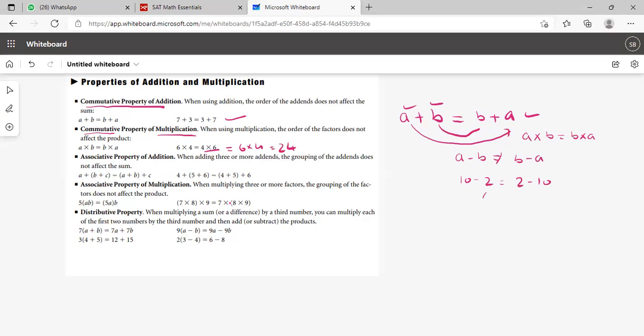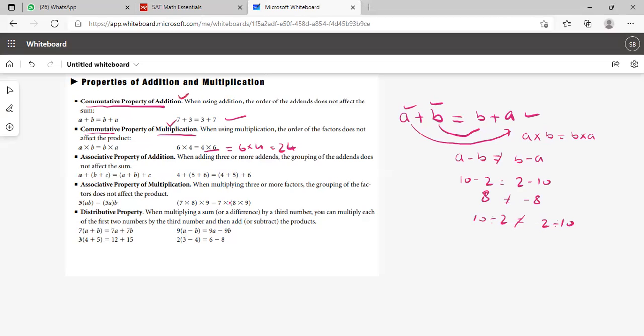The answer here would be 8 and here minus 8, so they are not equal. Similarly, 10 divided by 2 is not equal to 2 divided by 10. So these two laws only hold for addition and multiplication.